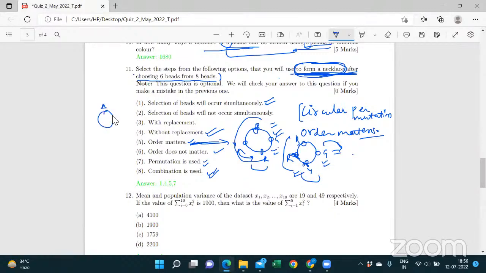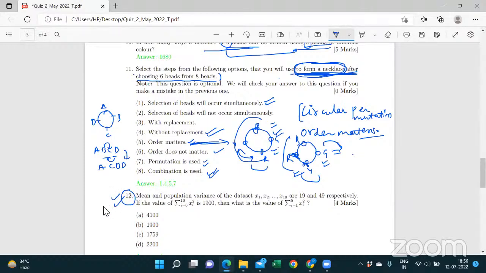Suppose there are 4 persons, A, B, C, D. Then the arrangement A, B, C, D is not the same as the arrangement A, C, B, D, because you changed the sequence of B and C. Here, order means sequence.